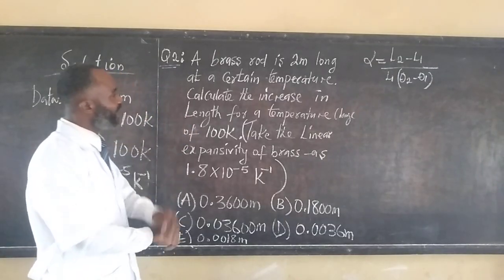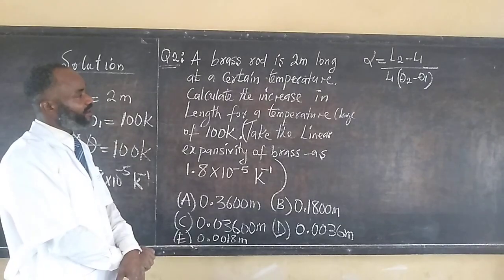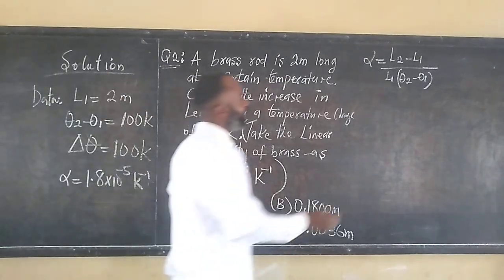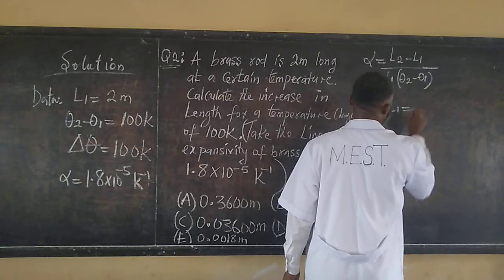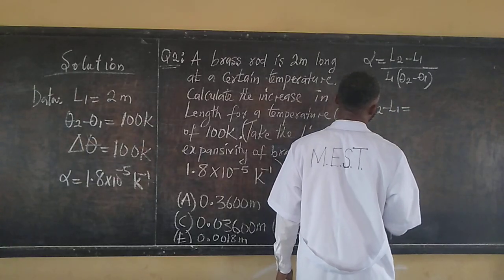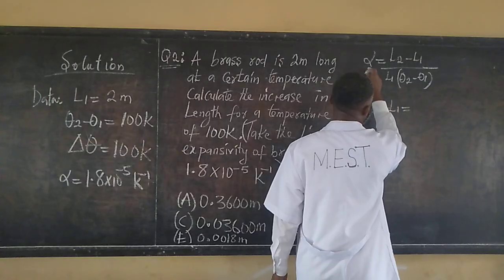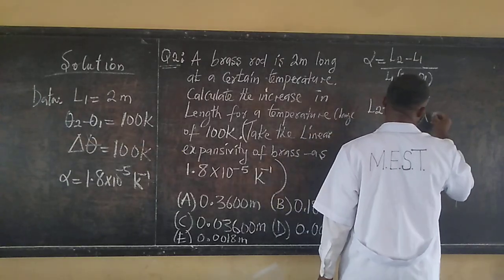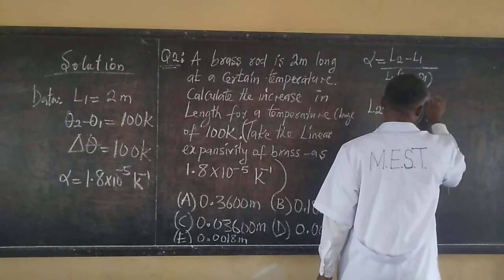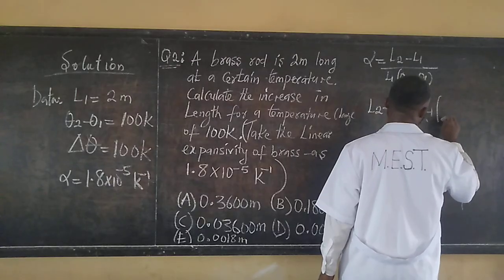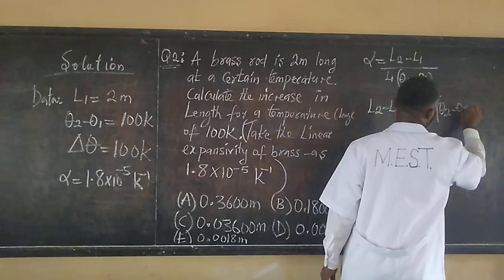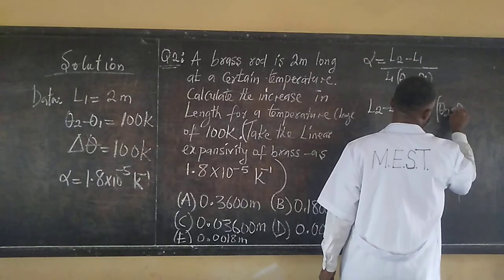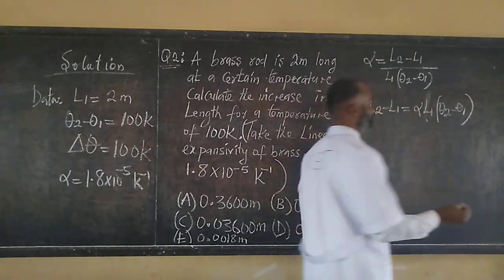So the increase in length, L2 minus L1, is equal to what again? We take alpha times L1 times the change in temperature, theta 2 minus theta 1, bracket close.